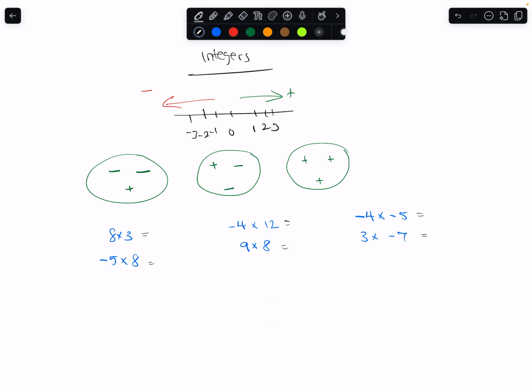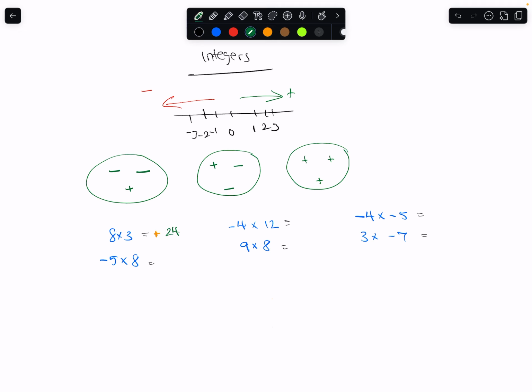Okay, so let's work on it together now. 8 times 3. We already know the answer is going to be 24, according to regular multiplication. A positive times a positive is this smiling face, so our answer will be positive.